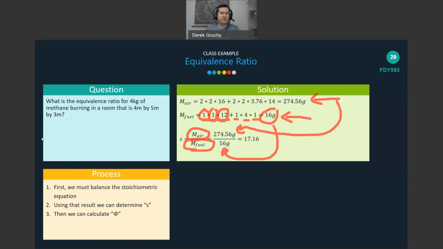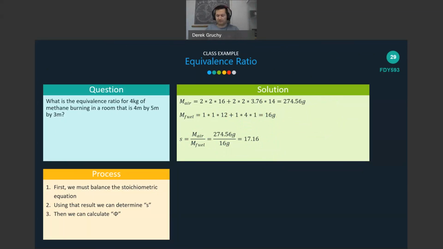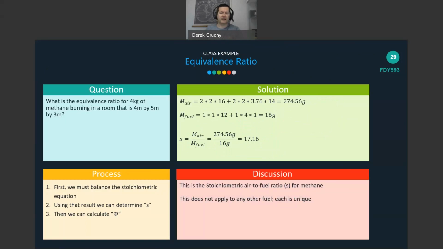If we do that division, we find that the stoichiometric ratio for air to fuel is 17.16. So for every gram of fuel that we try to burn, we're going to need 17.16 grams of air to do that. So that's the ratio we need to keep in mind. And again, this is specific to just methane. If we change the fuel, all these numbers are going to change.